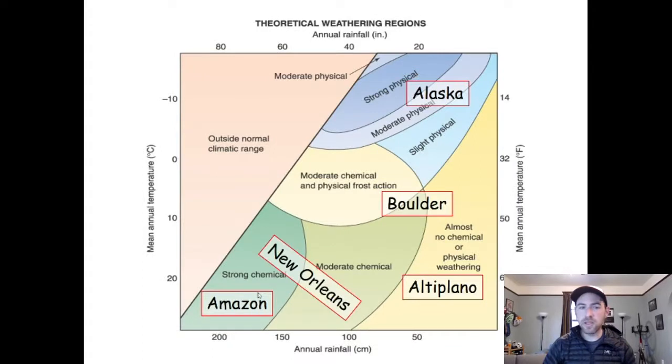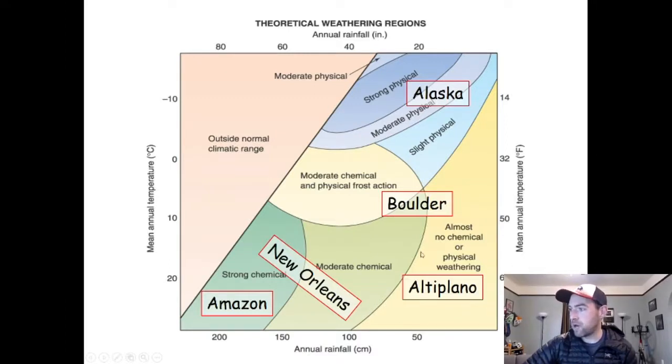So some examples of places where this might occur, and these are very approximate, right? Alaska might be up here in the more physically weathering dominated areas. Boulder, Colorado is somewhere in between, right? It's warm some of the year, but doesn't get a lot of rainfall.